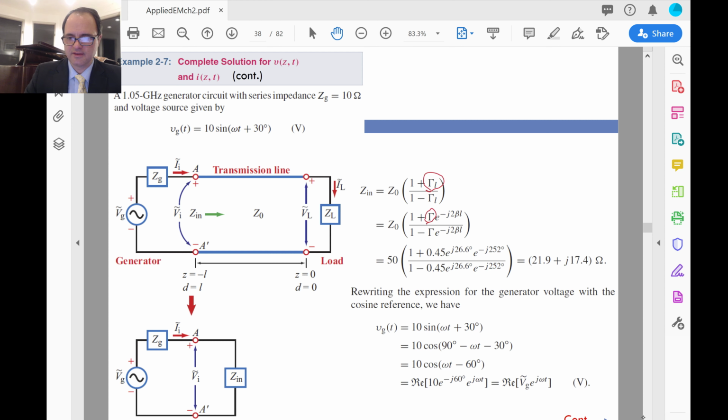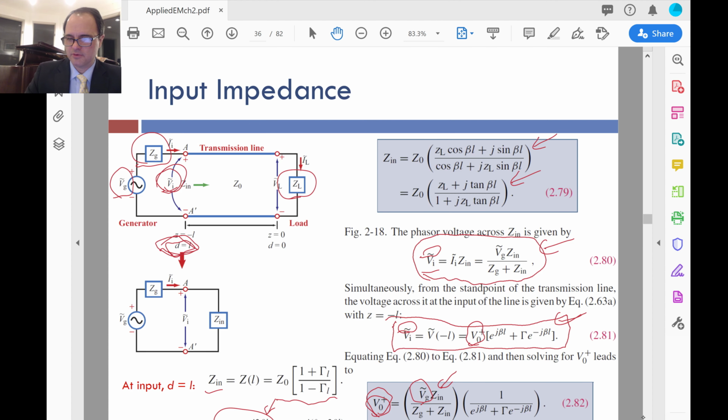So we take what we calculated for the regular reflection coefficient and multiply it by that phase term that has as its exponent the beta L that we solved for previously. And then we can solve for the input impedance of the line given by this. That's one of the big things we need, using this equation right here.